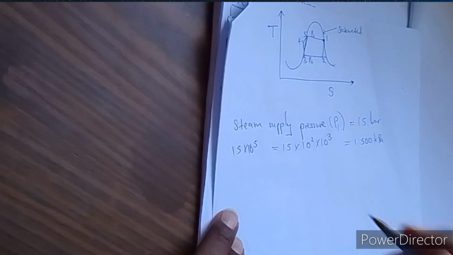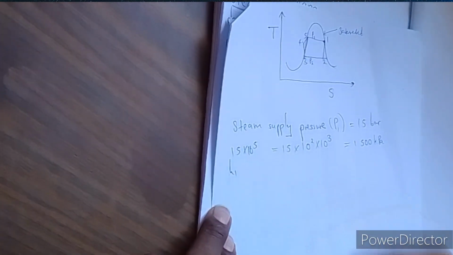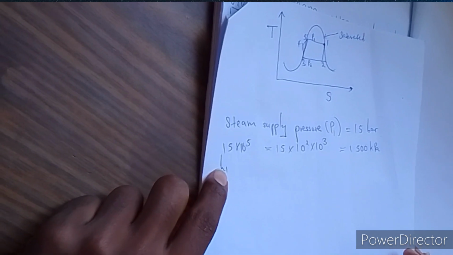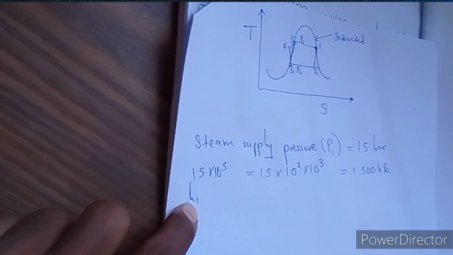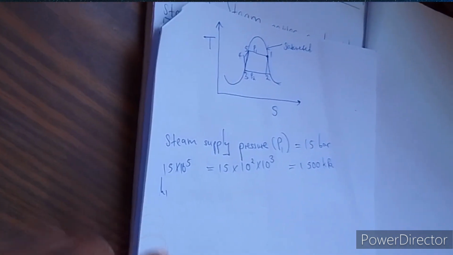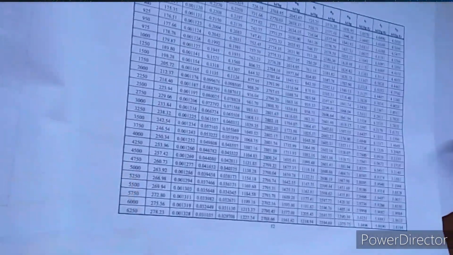On the steam supply pressure, we have to find what we call H1. And then our H1, we know that our H1 is our Hg. So we have to take our steam table, then we have to find 1500 kilopascals.